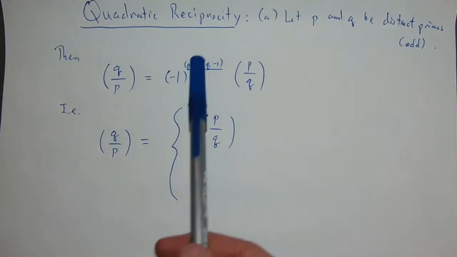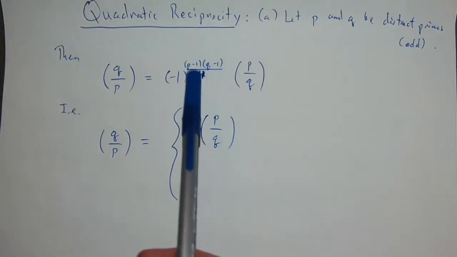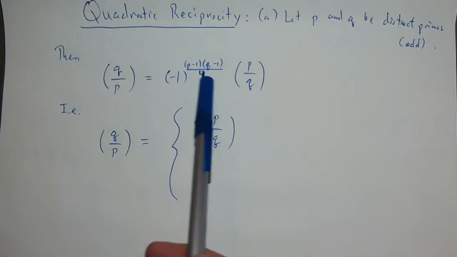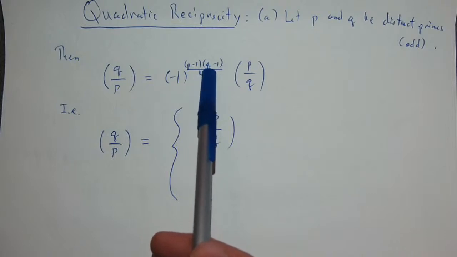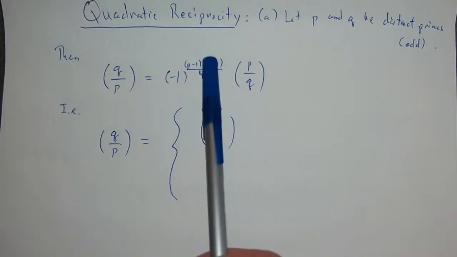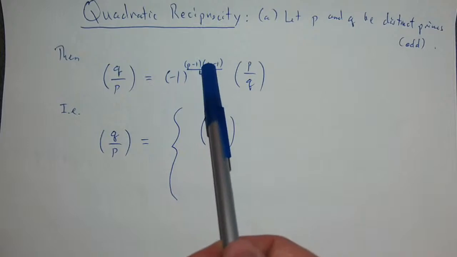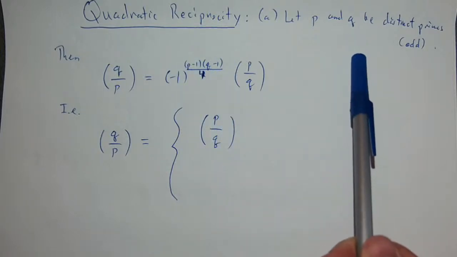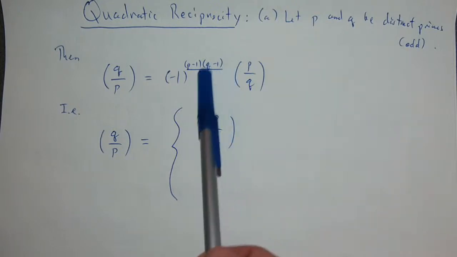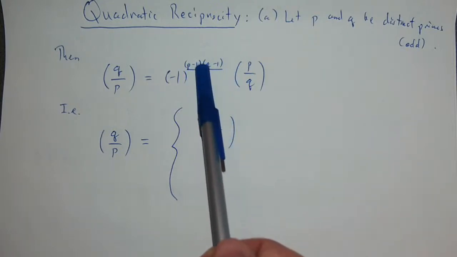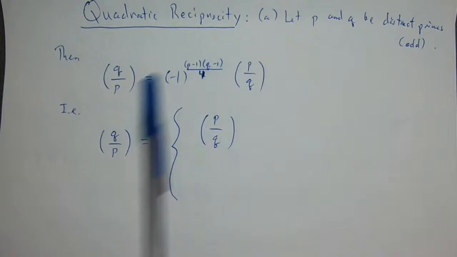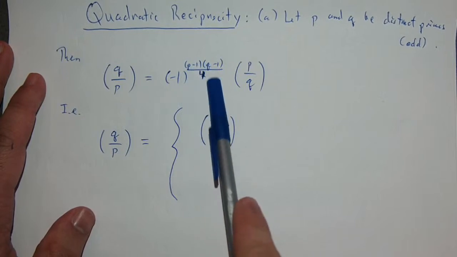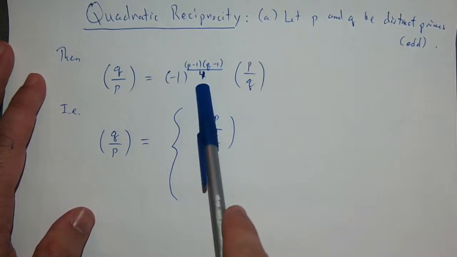What if P minus 1 is divisible by 4? Then what I'm left with is minus 1 to some integer times Q minus 1. But Q is an odd prime, so Q minus 1 is even, so I have even times some integer, that's even, and minus 1 to the even would be 1. So that would be true if P minus 1 was divisible by 4, or if P was congruent to 1 mod 4.